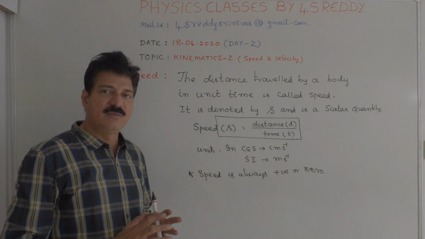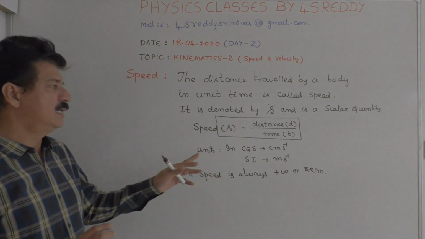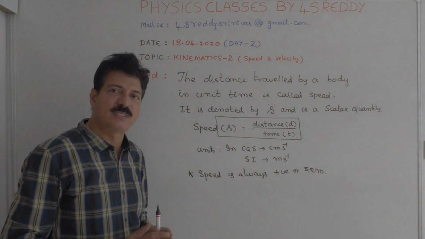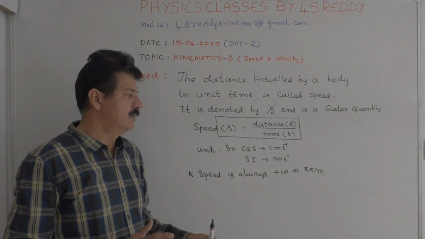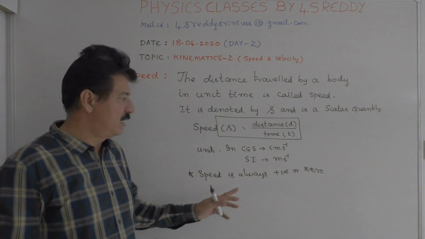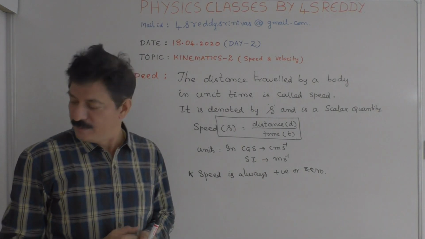Speed is defined as distance by time. The units are centimeters per second in CGS and meters per second in SI, and speed is always positive or 0 depending on the distance.